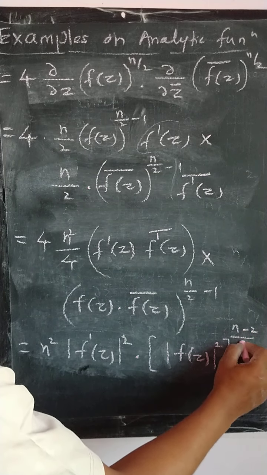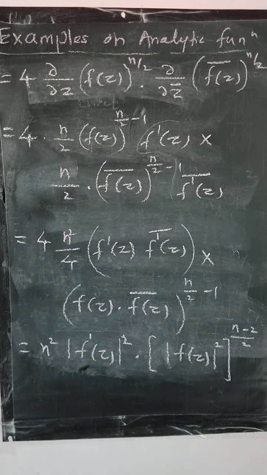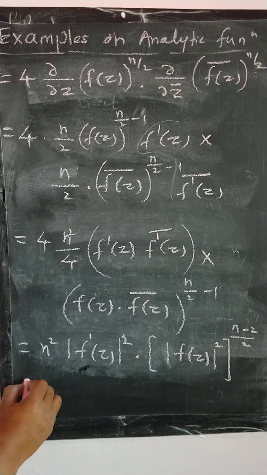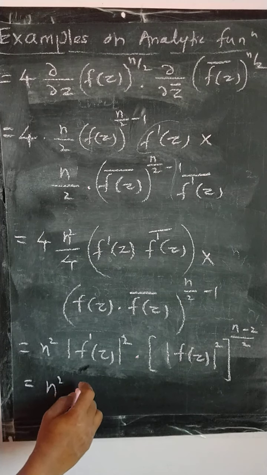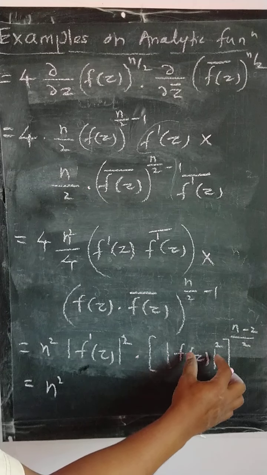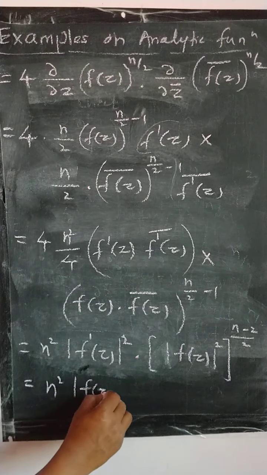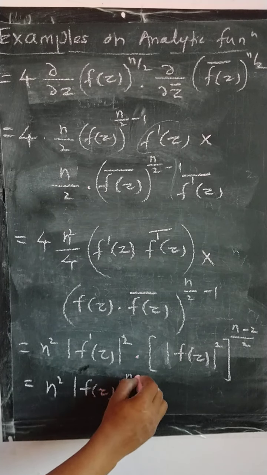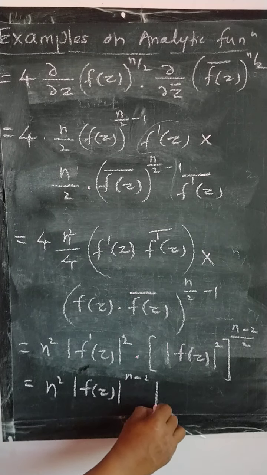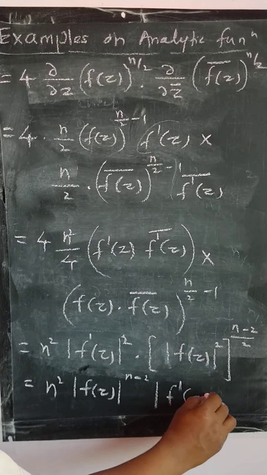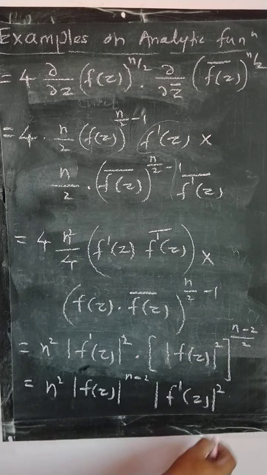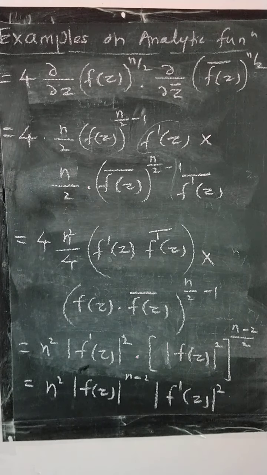This 2 will get cancelled and I get n² |f(z)|^(n-2) into |f'(z)|². I think that is the right hand side of the required thing. Thank you.